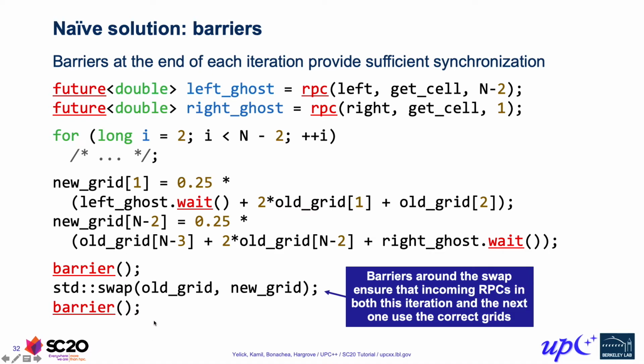Now, again, this is just a simple solution. It's not necessarily the best solution. In fact, there are ways of reducing the number of barriers or using barrier-free synchronization as well. The important point though is that, again, if we want synchronization, we need to ask for it.